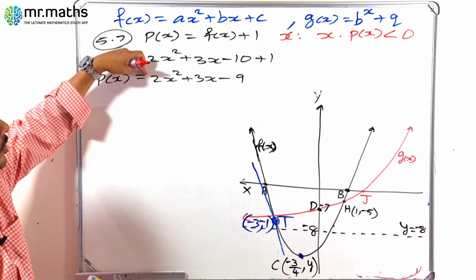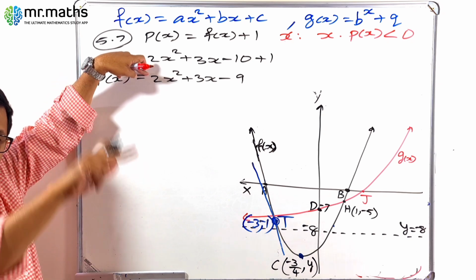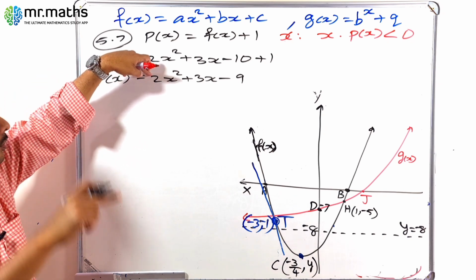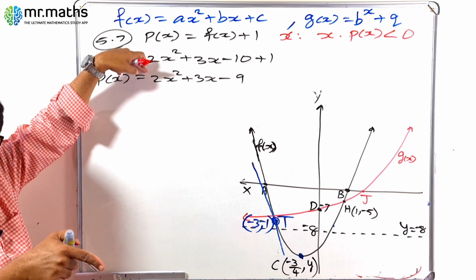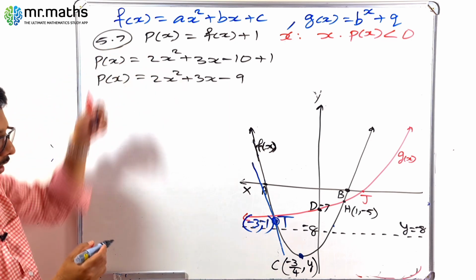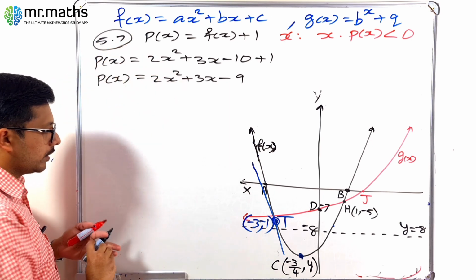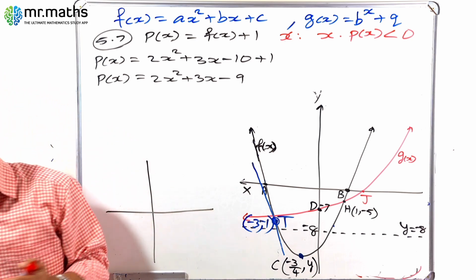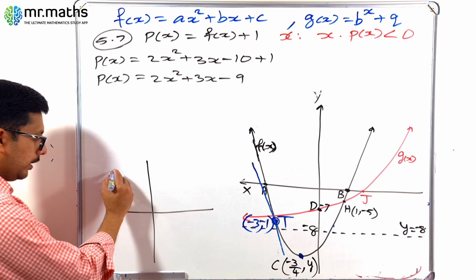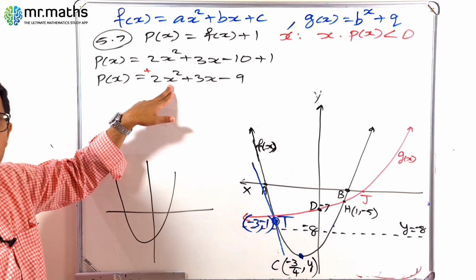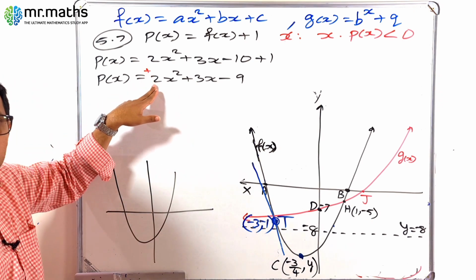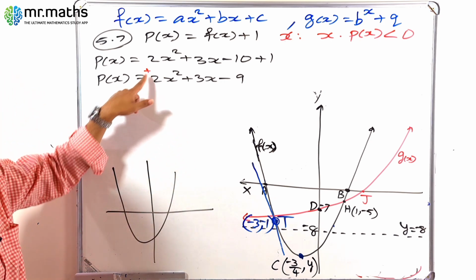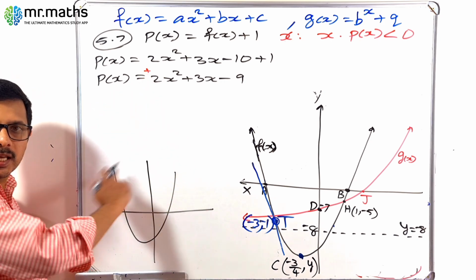If it is negative 2, then the shape is like this, an N shape. Since here the coefficient of x squared is positive 2, the shape of the graph is like this. In case it is negative, then we are supposed to draw that N shape.